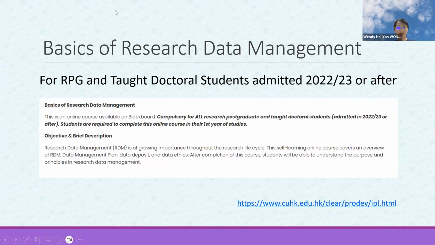The whole course appears in the Blackboard, and it tells you a lot of information about the basics and the fundamental knowledge about research data management. All first year and second year RPG and postdoctoral students should complete this module within the first year of study.